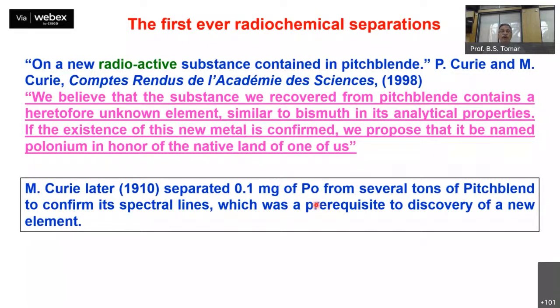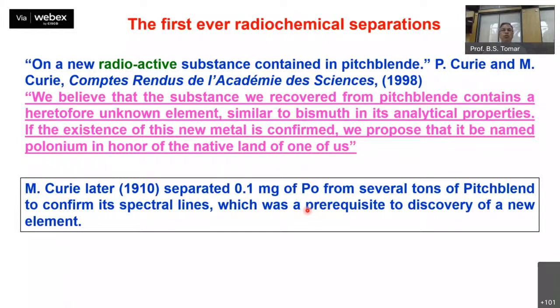And you see here the enormity of the experiment. In 1910, when you want to discover a new element, you have to confirm it by the spectral lines. And to see the spectral lines of an element, you should have it in milligram quantity. Madame Curie in 1910 separated 0.1 milligram of polonium from several tons of pitchblende to confirm its spectral lines, which was a prerequisite to discovery of a new element.